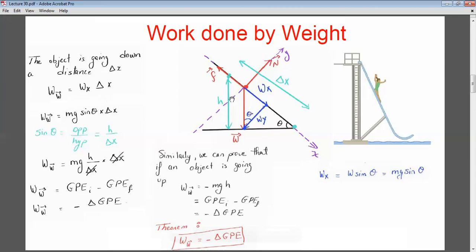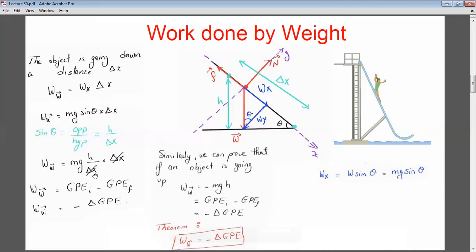The opposite of theta is h, and the hypotenuse of the triangle is delta x. So sine theta is opposite, which is h, divided by the hypotenuse, which is delta x. So instead of sine theta, I'm going to put h over delta x. So now I have work done by weight is mg h over delta x times delta x.